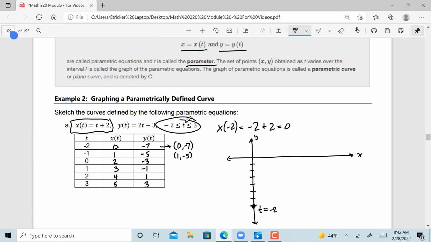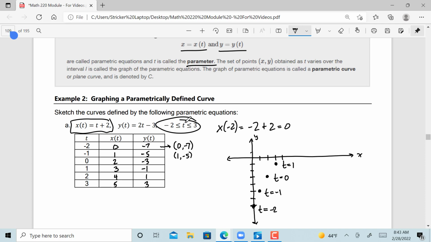The next point is (1, -5). That's t equals -1. Then we have (2, -3). That is t equals 0. We have (3, -1). That's t equals 1.